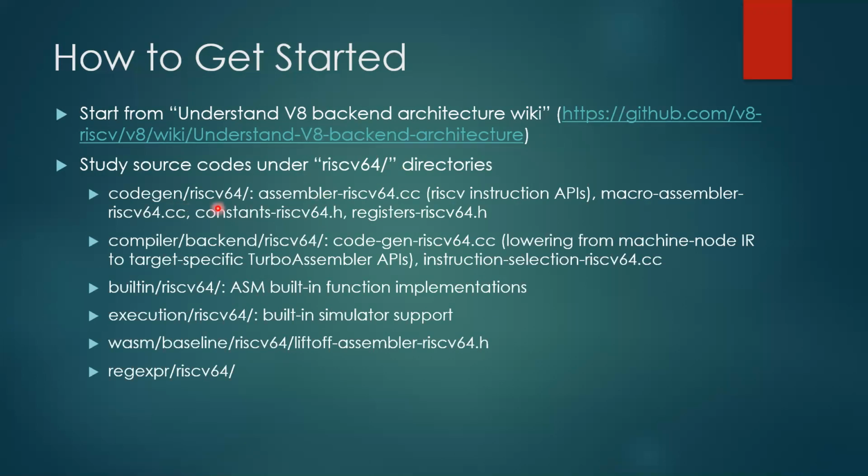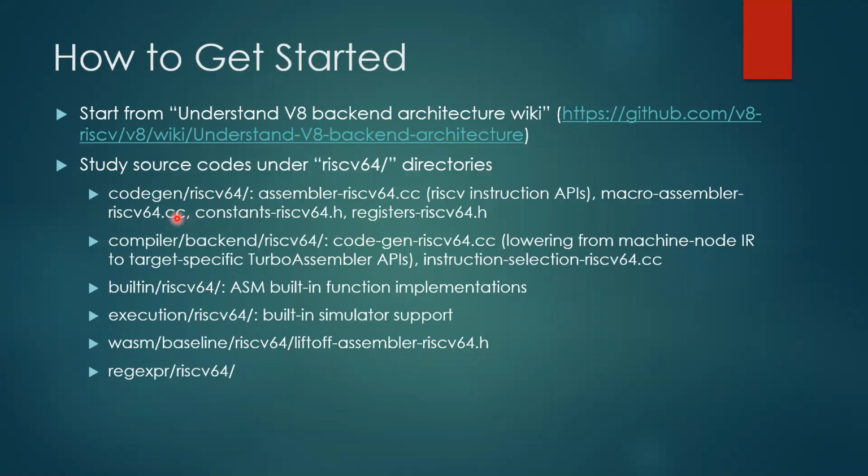This file defines RISC-V instructions, so if you're familiar with the RISC-V instruction set, this file looks very familiar to you. Then there's the macro assembler for RISC-V 64. That's the example I showed there. This is actually the most important part when we port, and that requires a lot of attention to detail and also understanding exactly what a particular API is trying to achieve. Sometimes you have to look at other architectures, or how this API is used, to figure out the semantics. This is where I felt like the documentation might help.